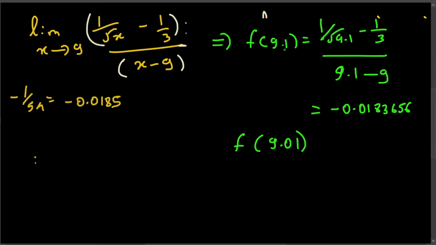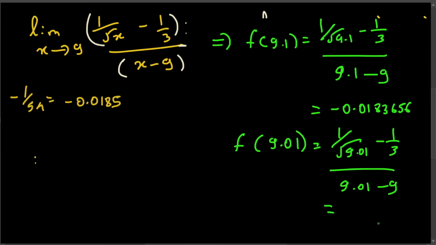This one is closer to 9 than this one. So if we plug it in this equation again, 1 over square root of 9.01 minus 1 over 3, divided by 9.01 minus 9, and if you calculate this one, you're gonna get negative 0.018503.